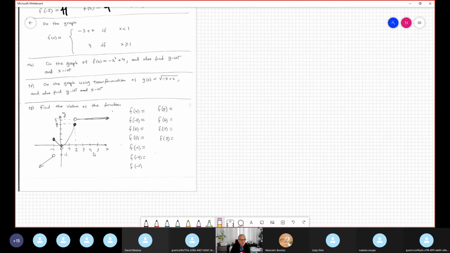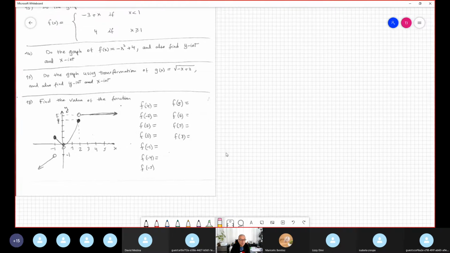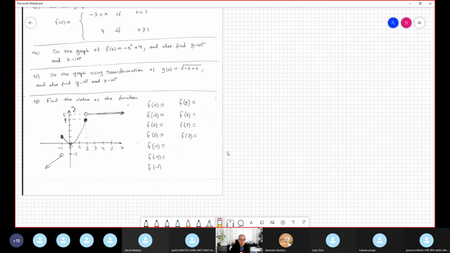But it's easy because it's also a piecewise function, but with no expression, not the classical kind where you select. No, it's graphical. The graph is given, and you need to interpret the graph and evaluate different points. Okay, and these values 4, -2, +2, 0, -1 are x values, domain values.